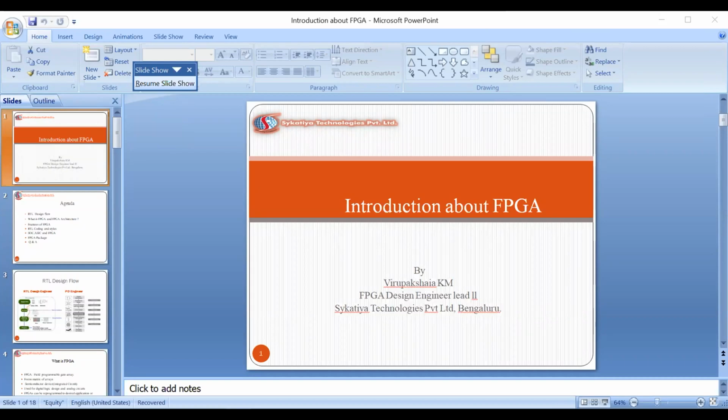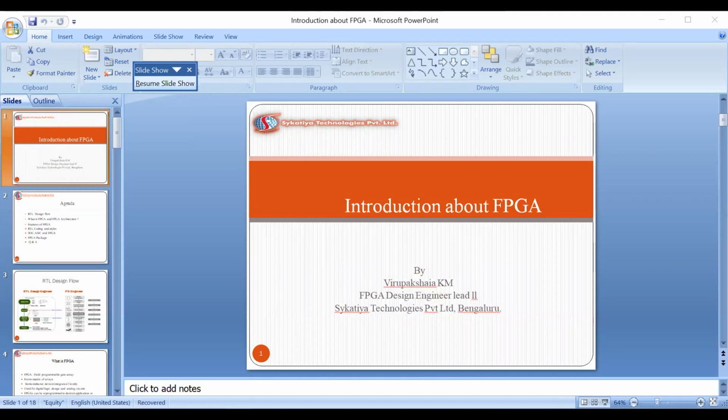So as I told, SOC consists of a processor as well as FPGAs. So it is a SOC architecture. SOC architecture consists of a number of processors, also application processors: application processor 1, application processor 2, and a level processor also, and core processors.